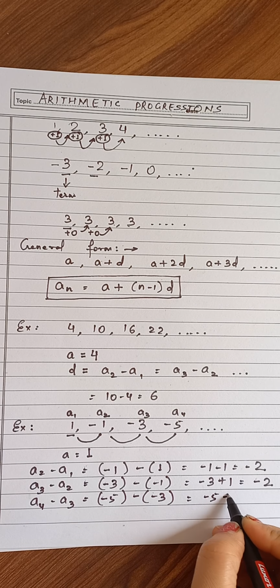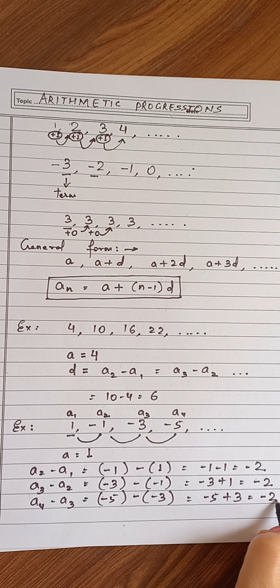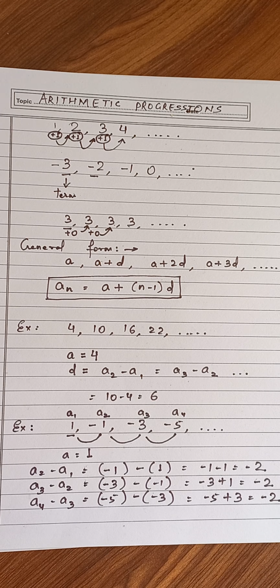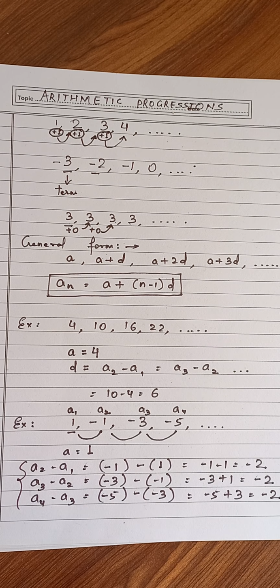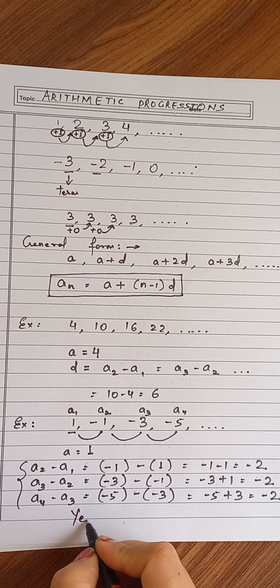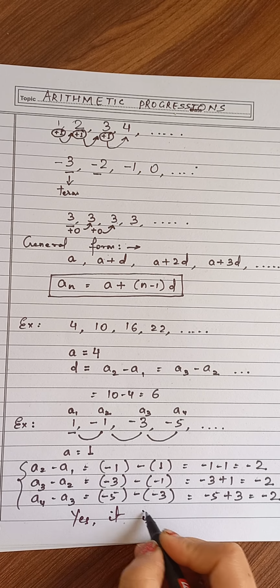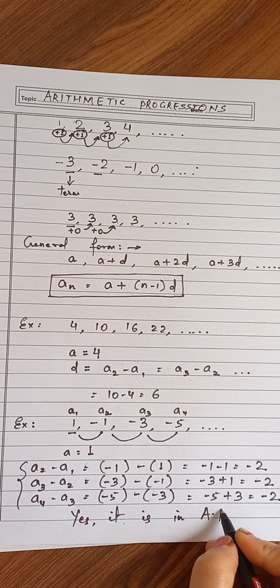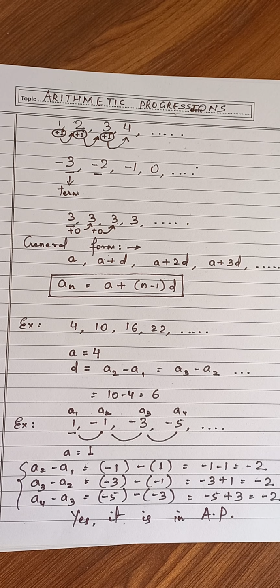So -5 plus 3, that is equal to -2. So we can see here that in all the cases, the difference of two consecutive terms is coming the same, that is -2. So yes, it is in AP. That's how we can do the solution of the given question.